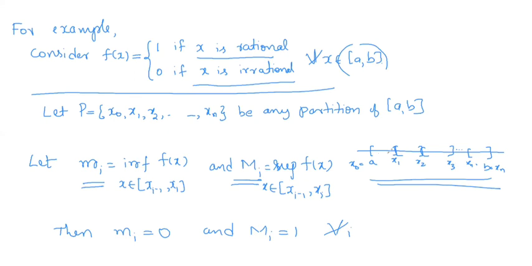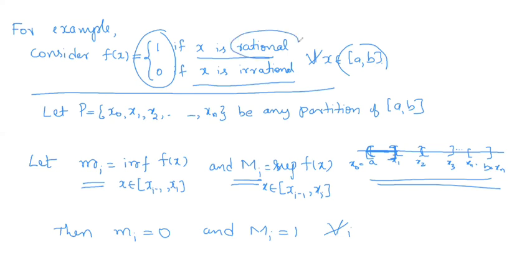Now on any subinterval, what is mi? It is actually the infimum, that is the smallest value of f of x. So how have we defined f of x? f of x is either 1 or 0, right? If you consider any subinterval, it consists of some rational numbers and some irrational numbers.